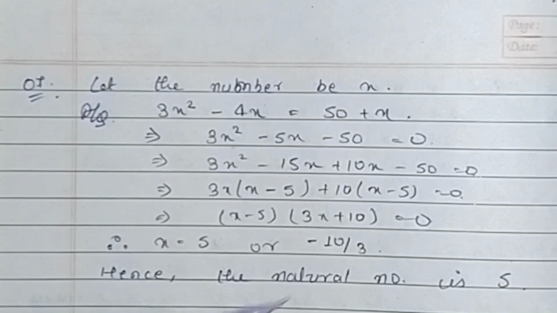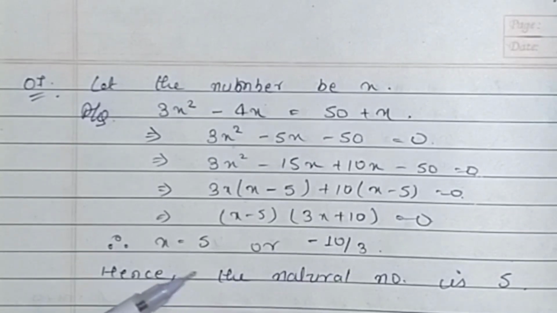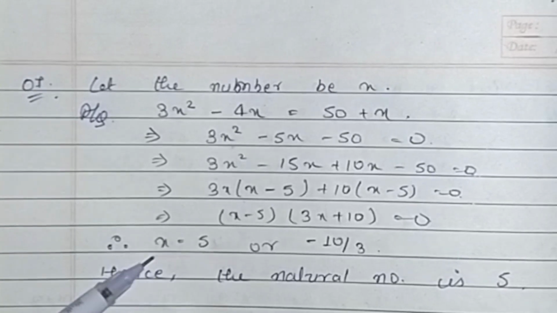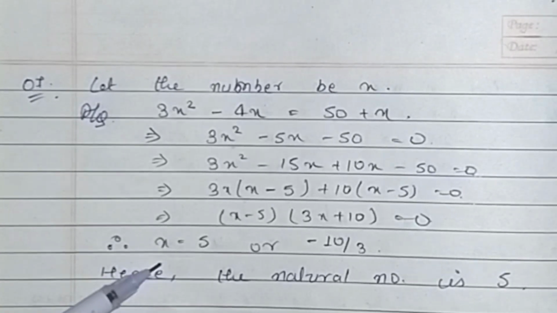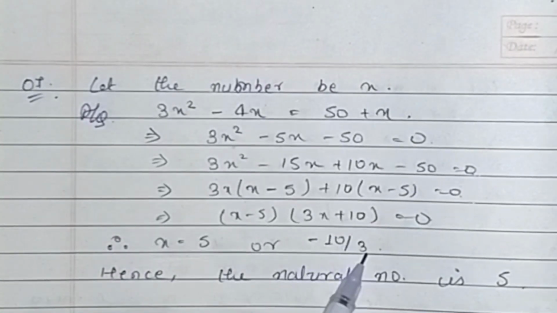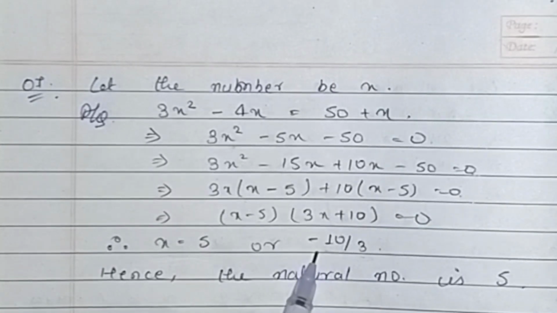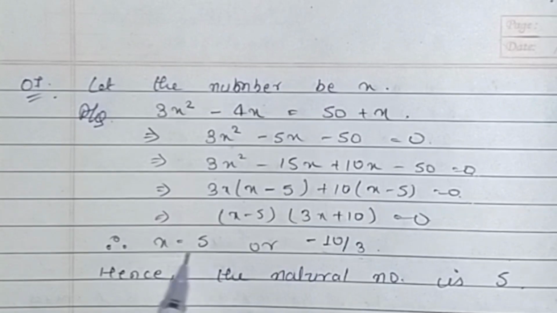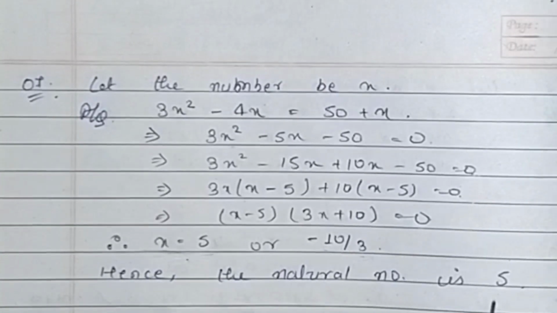So we will consider x is equal to 5 only, because the other is a fraction or rational number. So we will not consider that value of x. Our natural number is 5.